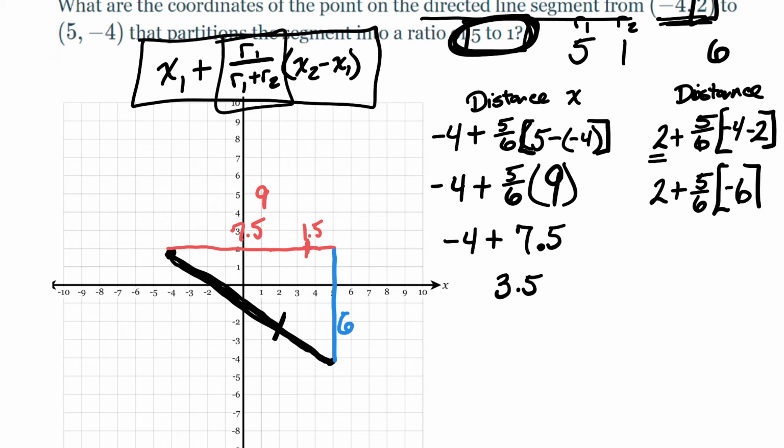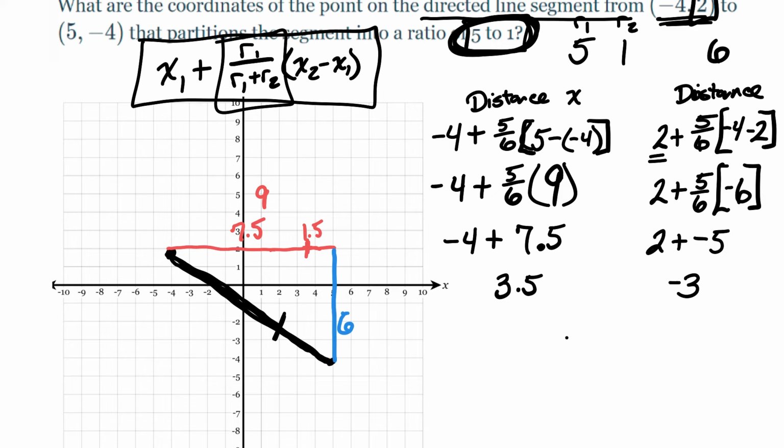We said it's a total distance of -6. 5/6 times -6 is going to be -5. So the distance traveled will be down 5. Since we were at 2, we will go down 5 from there, which would put us at -3.